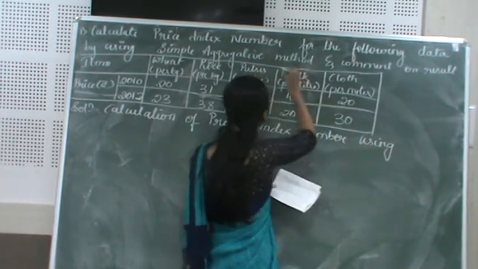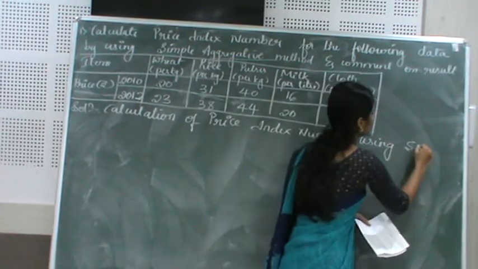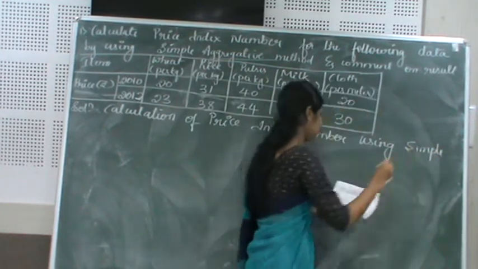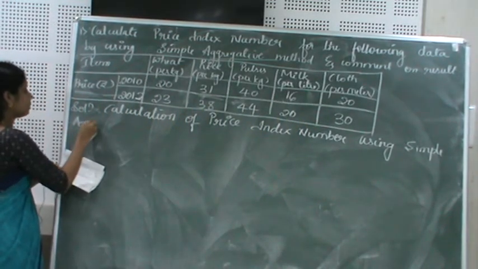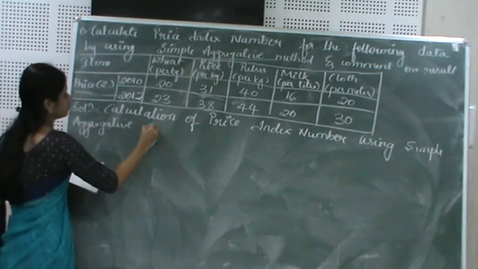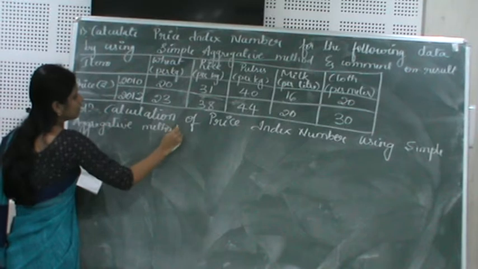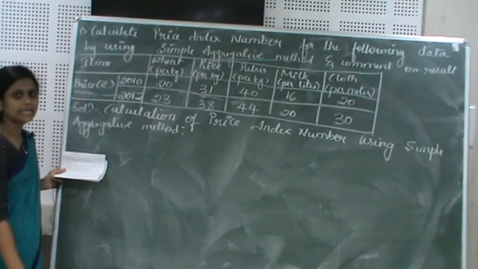Here it is clearly stated: simple aggregative method. So, calculation of price index number using simple aggregative method.